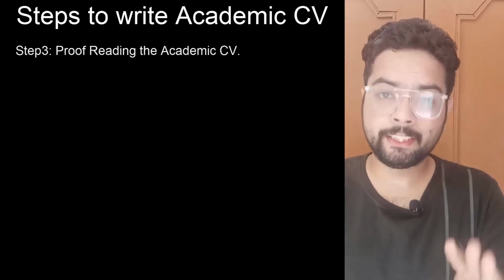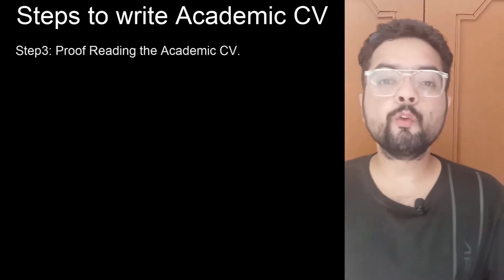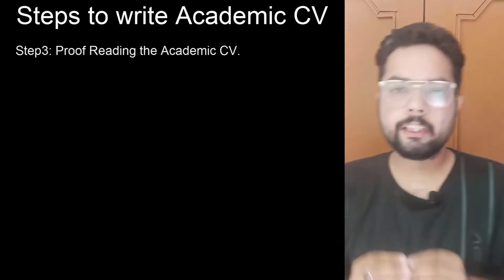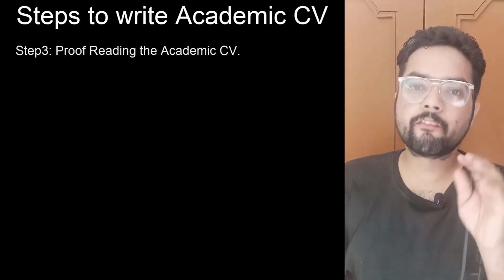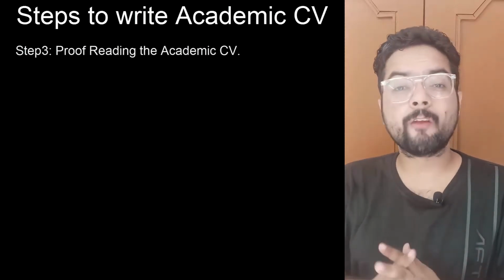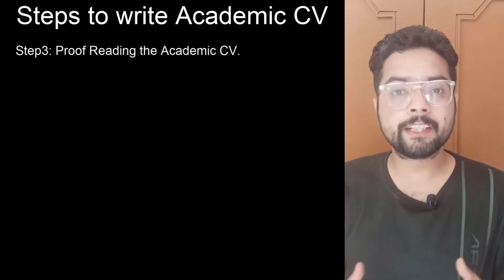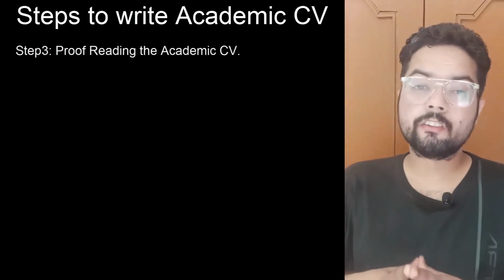Now the step 3 of writing your academic CV is to proofread your academic CV. This is the final but very crucial step. Be cautious and always proofread your academic CV before submitting it anywhere.